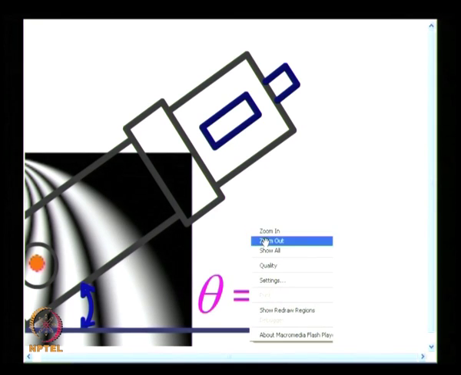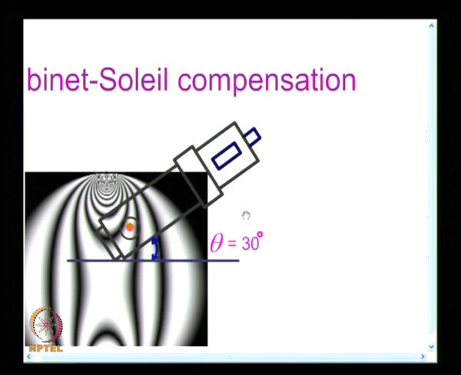I will give a slightly complete figure here. So, I have this fringe pattern, and I have to align this compensator at the angle of the isoclinic at the point of interest, because this compensation has to be done along the reference axis at the point of interest.